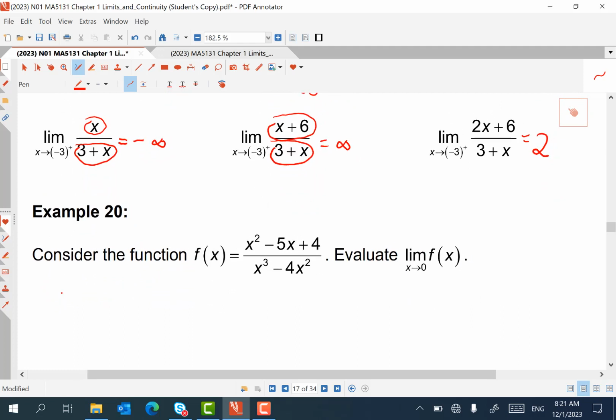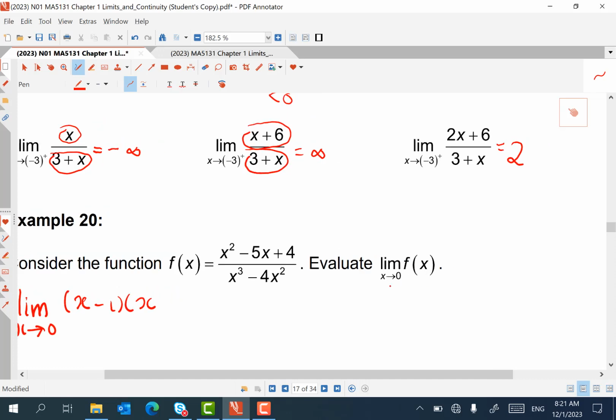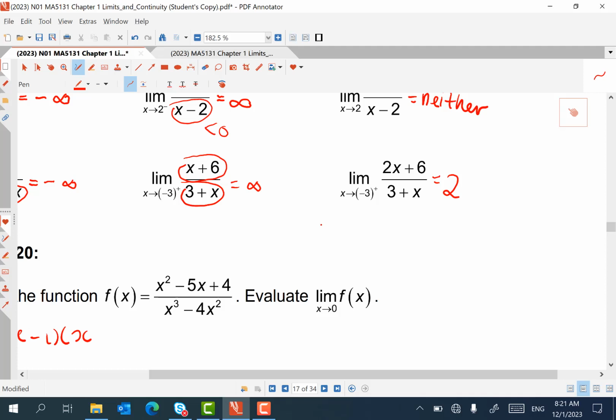Okay, for the next one, the limit when x goes towards 0. Now going back, since there's an explanation, you want to do a factorization.